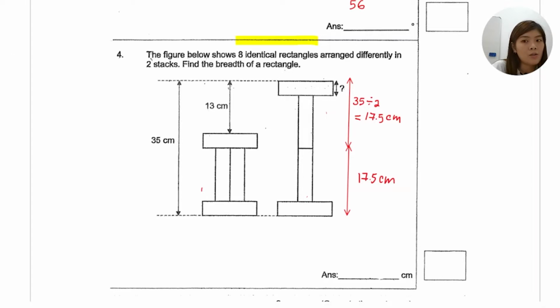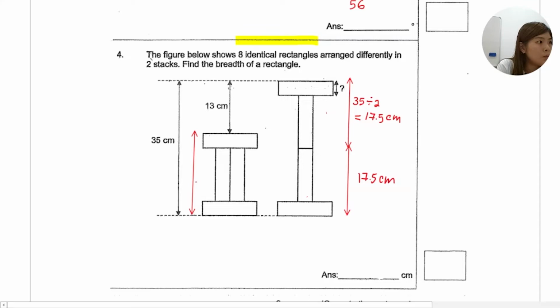Here is a question mark, let's find this question mark. Here will be equal to 35 cm minus 13 cm, which is 22 cm.